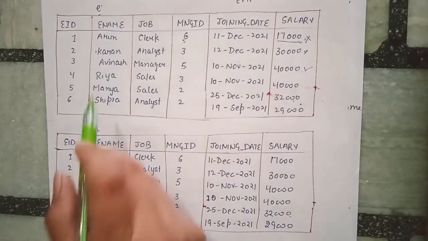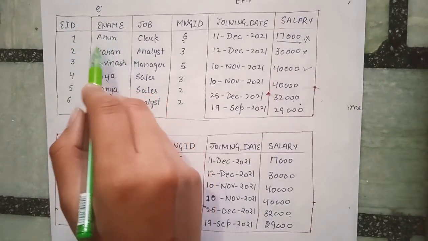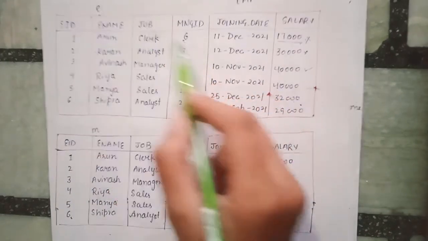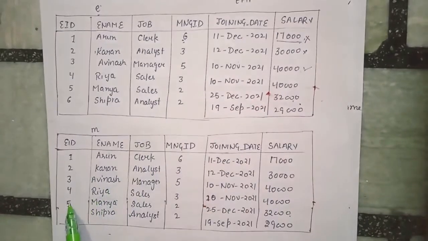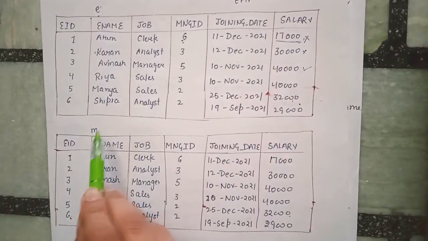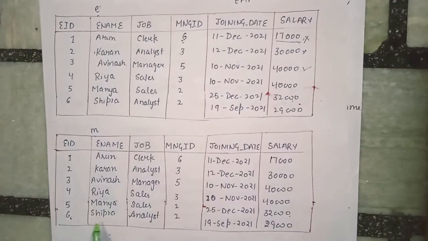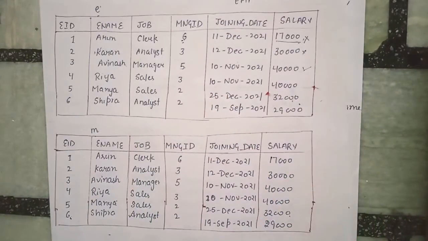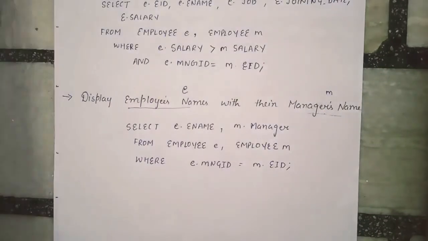Firstly we will get the name of the employee, that is Arun, and we'll compare the manager id of this E table with the employee id of this M table, that is 6 and 6, and we'll fetch M dot E name, that is Shipra. Now here we get to know that the manager of the employee Arun is Shipra. This is how we will compare all these records and get employees and their respective manager's names.